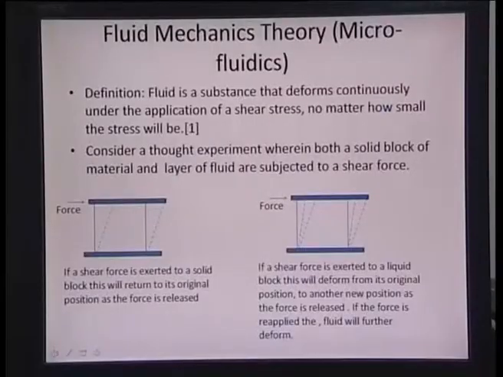So whenever you have, let us say, an experiment, as we can illustrate here again, wherein you have a fluid layer, as you can see here, held between a mobile plate on the top and a fixed plate at the bottom. Okay.